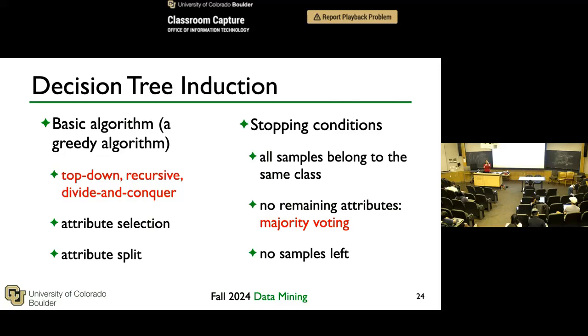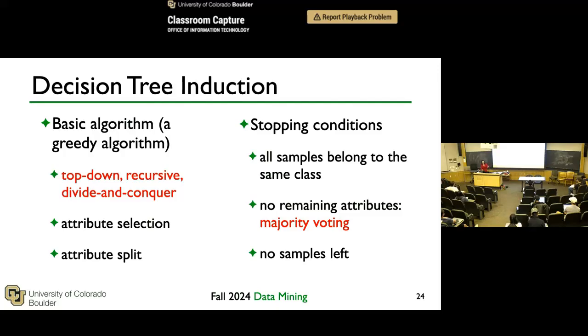So if I have used all the attributes and I'm still not arriving at a clean, uniform class, then I will just use a majority voting. It's not perfect, but once you get to this subset, most of the time it's this class label. You're good.